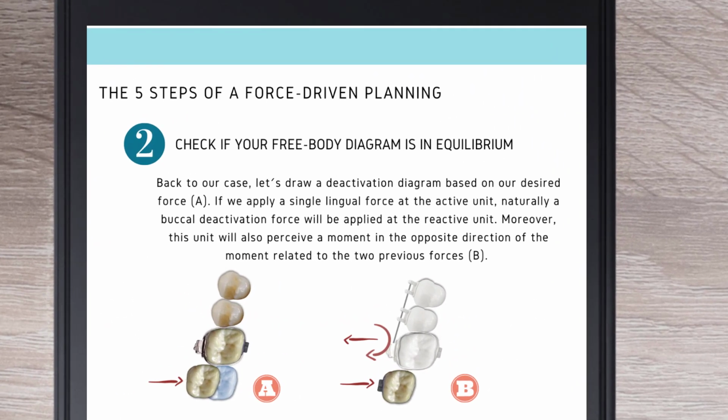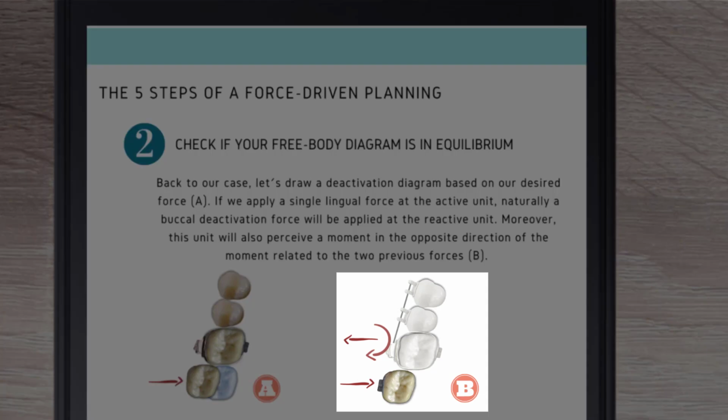Let's draw a deactivation diagram based on our desired force, as you can see in this figure A. If we apply a single lingual force at the active unit, naturally, a buccal deactivation force will be applied at the reactive unit. Moreover, this unit will also perceive a moment in the opposite direction of the moment related to the two previous forces.